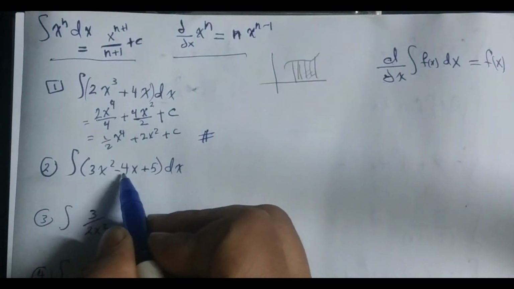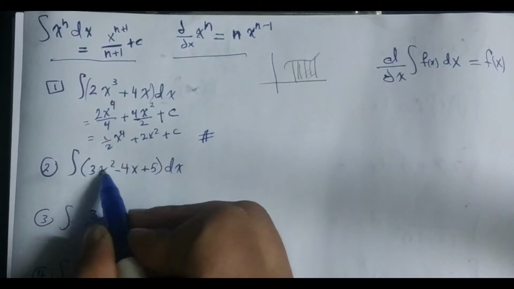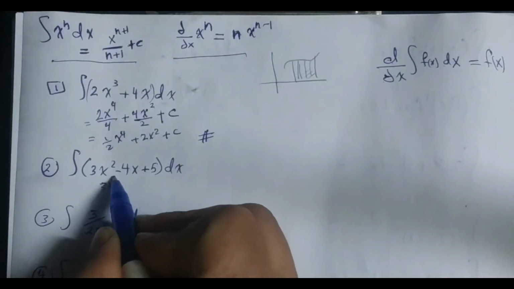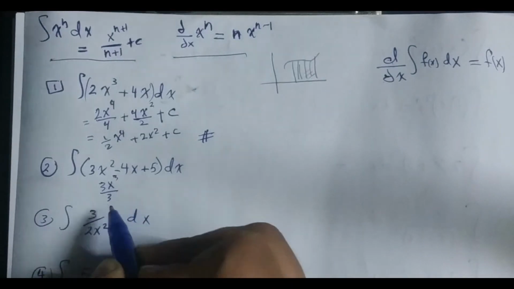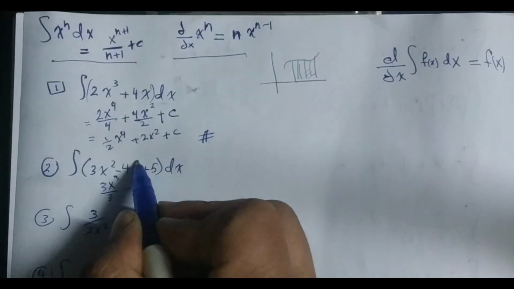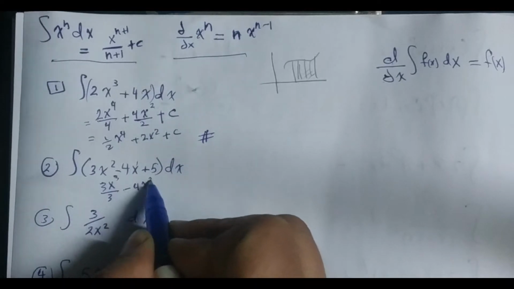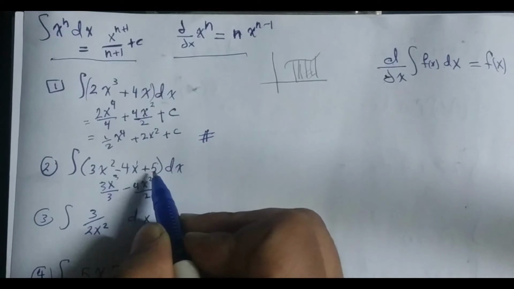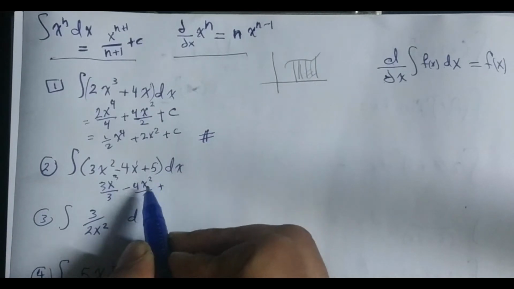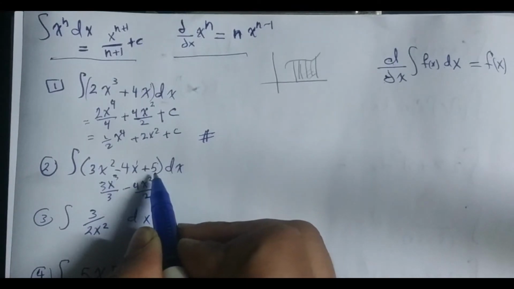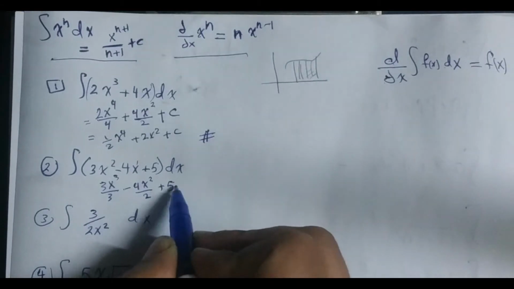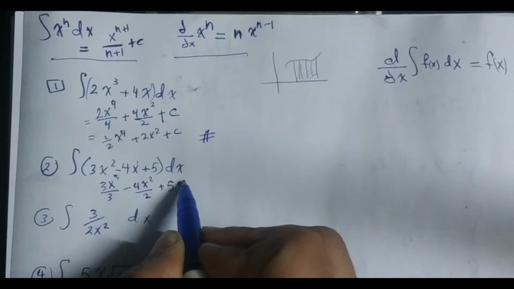Integration of 3x^2 minus 4x plus 5. 3x^2 will be 3x^3 over the new power 3, minus 4x to the power 1, so it will be x^2 over 2, plus the integration of the constant 5. The derivative of a constant is 0, but here we do integration, so it will not be 0, it will be 5x.